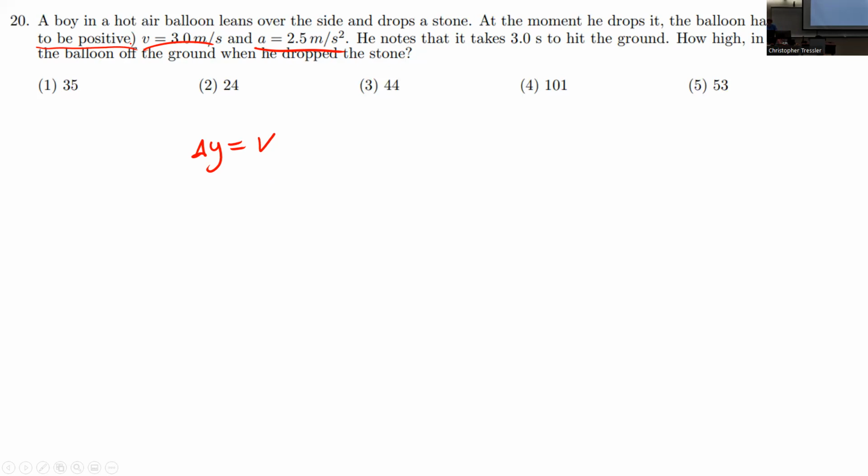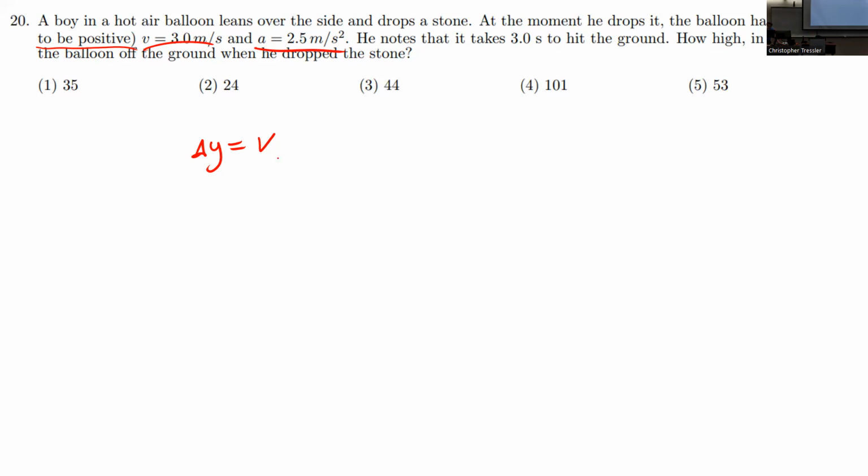I see what you guys are saying, and I guess this is just bad wording on the problem then. It should just say moving up 3 meters per second. But also, it's not like I wrote this question. It just kind of is what it is.